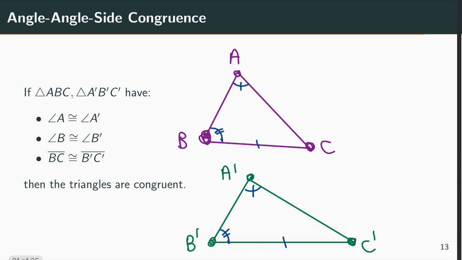So here I need two angles in a row to be congruent, and then the next side is congruent. Hopefully either the formal statement or the picture helps you remember this one. We'll save a proof of this one for another time. But again, if there's a problem that you want to use it in, feel free to go ahead and use it.